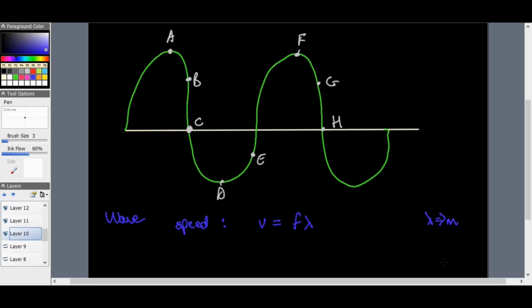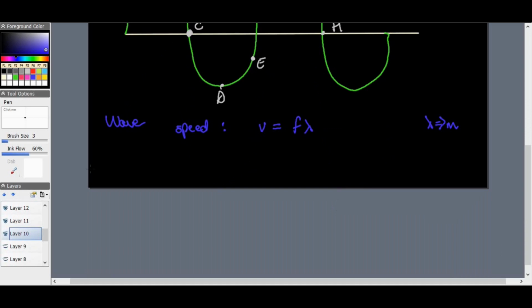Since the speed of a wave in a given medium is constant, sometimes the speed of a wave will be given to you as a constant. You can also calculate the speed of a wave using another formula, v average equals the change in displacement over the change in time.